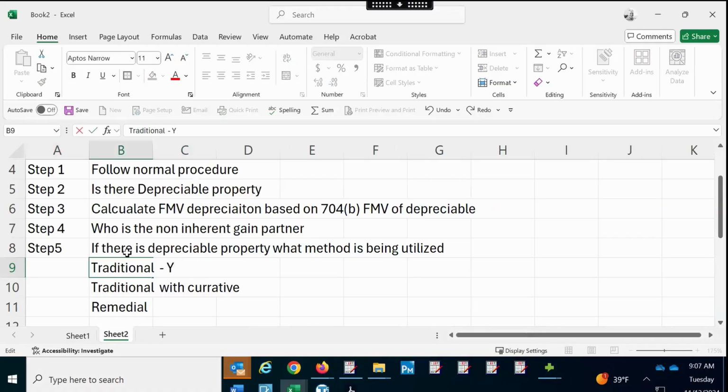So the traditional method says you can only use the depreciation from the contributed item.